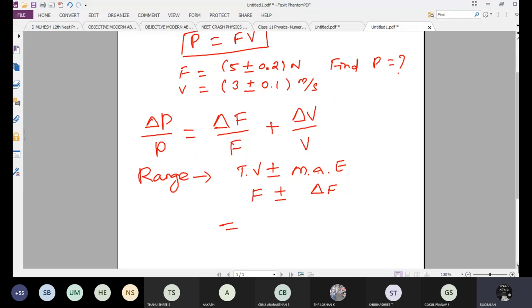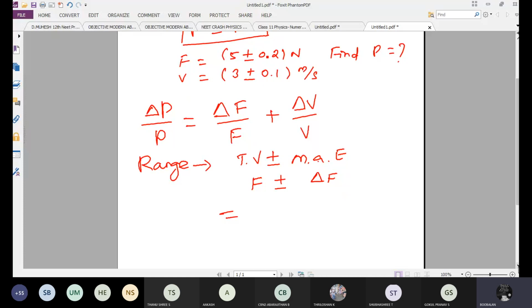Okay. From the question, you should take the values. 5 plus or minus 0.2, no? Plus or minus 0.2. What is the formula?